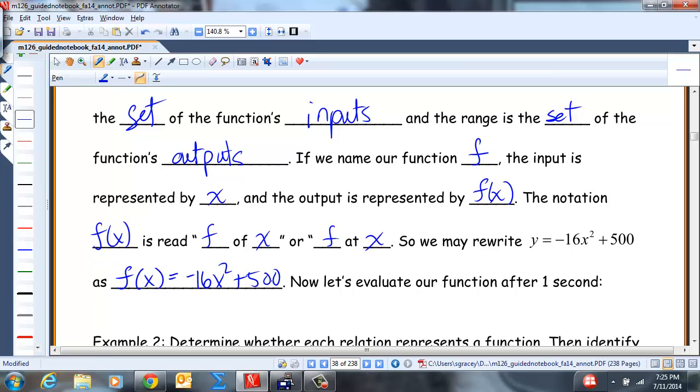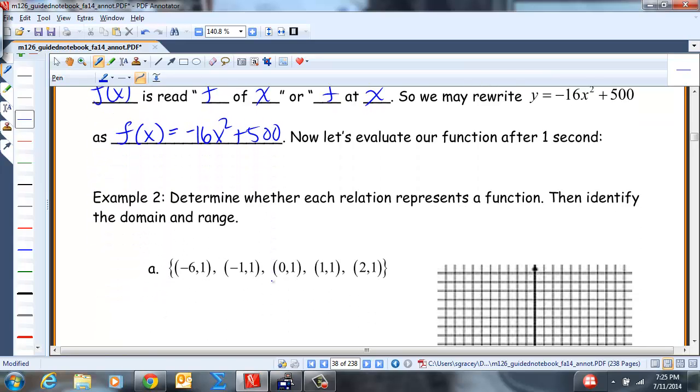Now, let's evaluate our function after 1 second. So we'd plug in 1 for x, and we would have f at 1 is negative 16 times 1 squared plus 500, which would give us, well, 1 squared is 1, so we'd have negative 16 plus 500, which is 484. So what the heck does this mean?